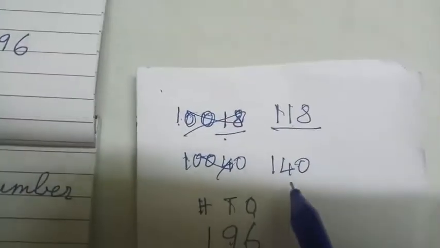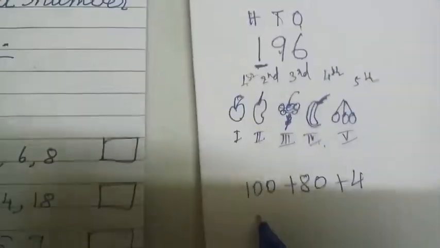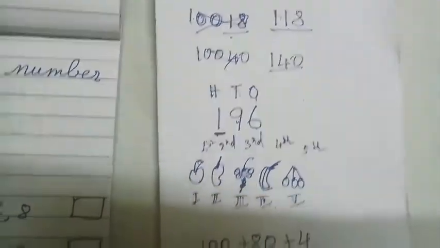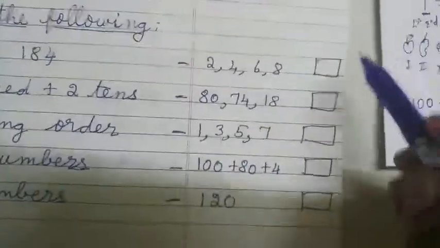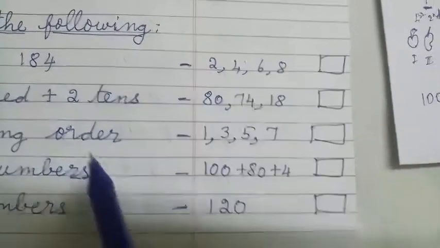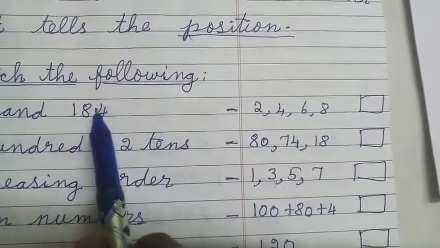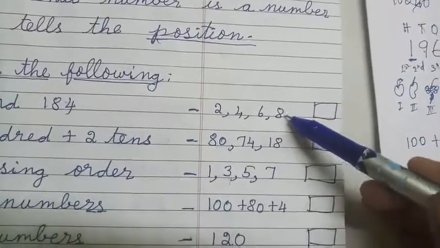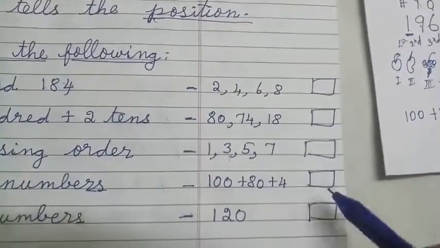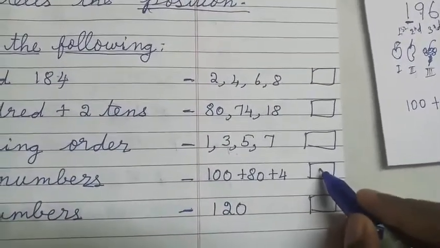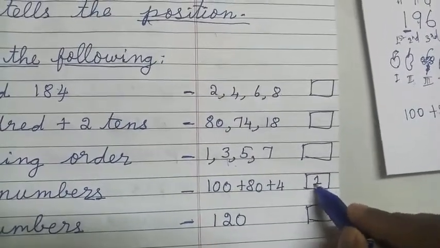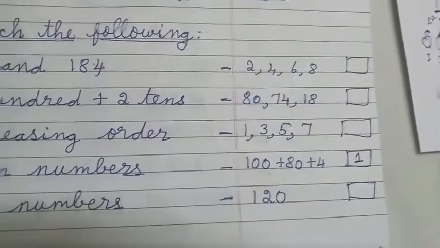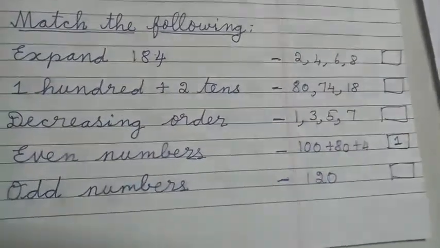This is the short way we are writing. Here, where is that answer? 100 and 84, expanded. Yes, here. So it's number 1. You have to match it with the number only, not with lines.